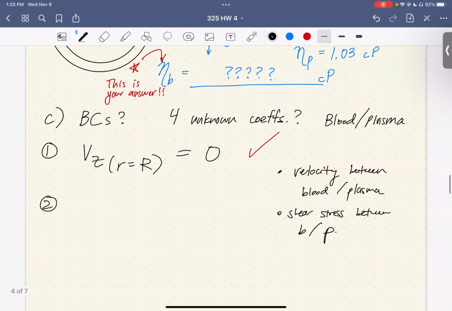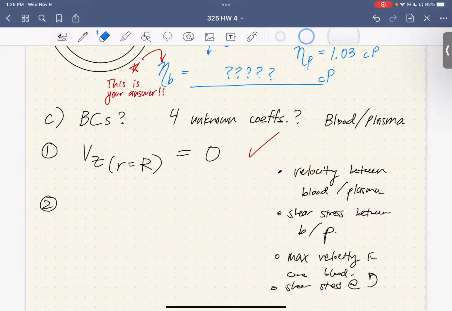We also don't know the max velocity in core blood. And we also don't know the max shear stress, or the shear stress at this point of maximum velocity as well. We don't know those things. So it's really important that we make sure we have all of these terms in our boundary conditions, because that's what the question is asking for.